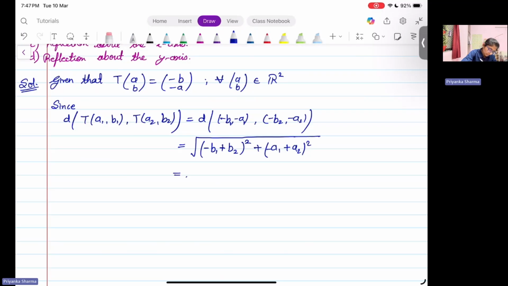So this is the square root of (A1 minus A2) whole square plus (B1 minus B2) whole square.